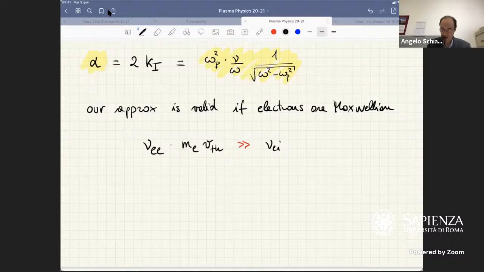So this is the momentum of the wave, the quivering oscillation: mass of the electrons times quivering velocity.